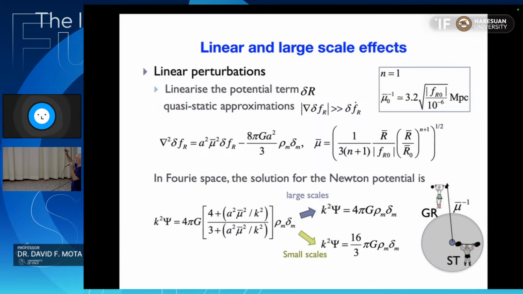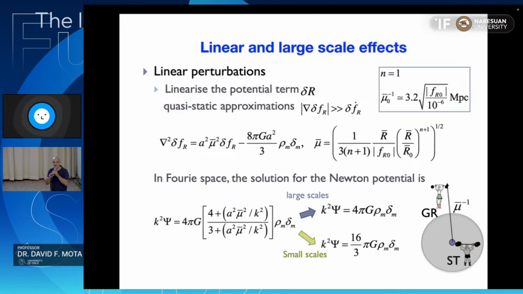Matter feels 4 over 3 times more gravity than if you are at very, very large scales. So at very large scales you have general relativity, while at small scales you have the scalar tensor theory. So you have modified gravity. So you have a fifth force. This is what it's telling you. Very large scales is just general relativity. At small scales, you have the fifth force.